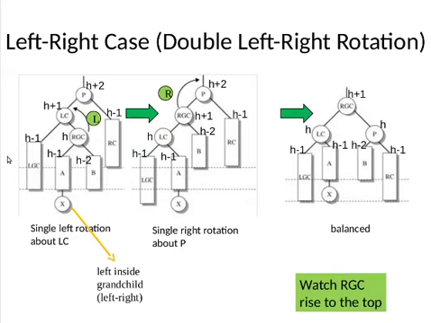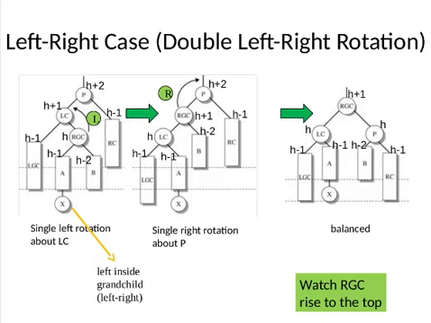Let's now verify whether or not these steps restore the balance factor at P in the permissible range of -1 to 1. Consider the tree on the left. We assume that before the left-right insertion of node X with respect to P, the balance factor of all the nodes in the tree were in the permissible range of -1 to 1.